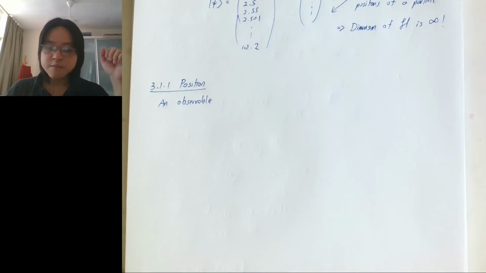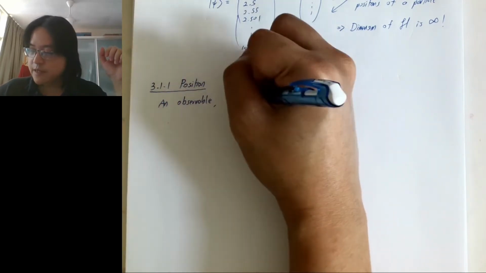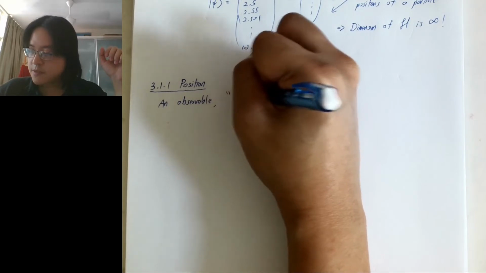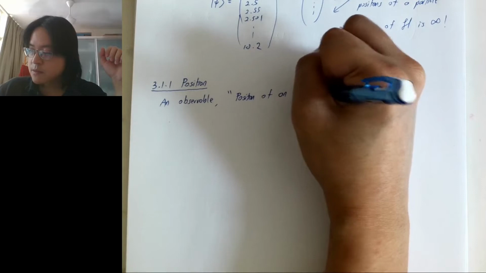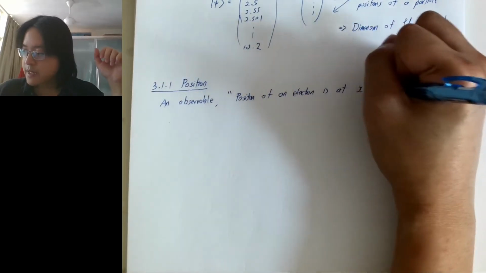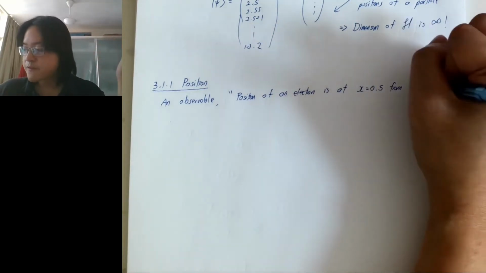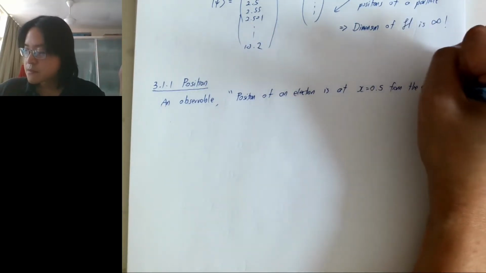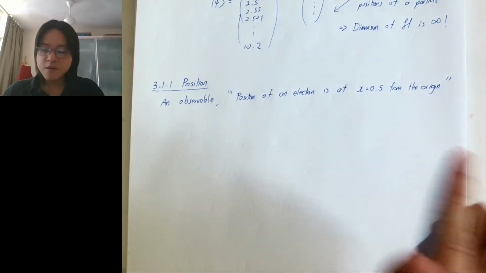So for instance, just to make it more clear, we say that the position of an electron is at some position x equals 0.5 from some reference point, so from the origin. Depends on where you set your origin.